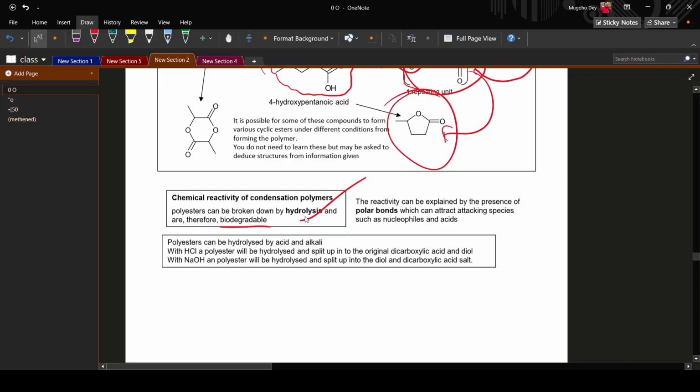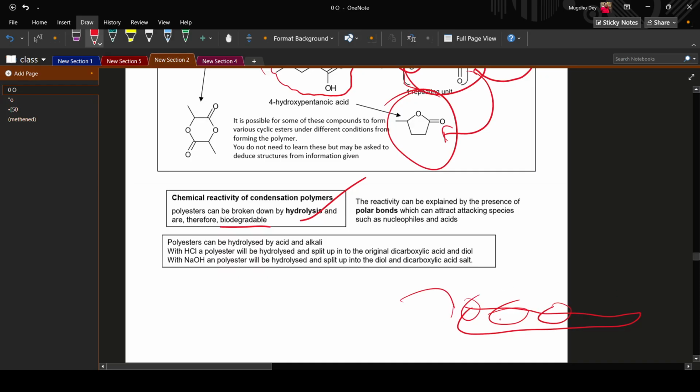And biodegradable means what? Biodegradable basically means that they can be decomposed by bacteria and fungi present in the environment. Because if they are not decomposable by natural decomposers like fungi or bacteria, then it's going to pollute the environment, isn't it? Think about it. In the ground, we have kept some polyesters or polymers.